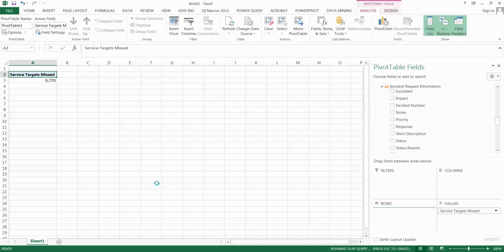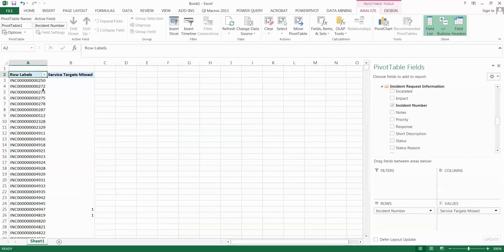It's necessary within the data mining tool set to make sure that you have a primary key. And then what you do is bring in the indicators that would potentially predict your metric. So the measure that we're focusing on, again, is service targets missed, of which we have 9,770.